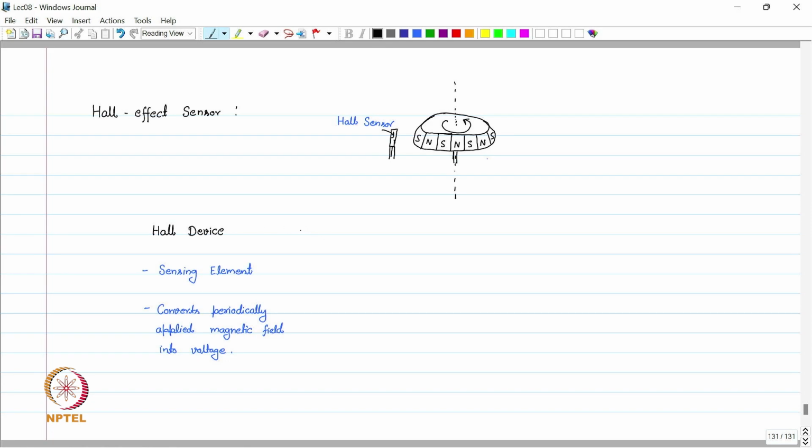The output of the Hall device goes to the linear amplifier, and the purpose of this linear amplifier is to amplify the Hall voltage.